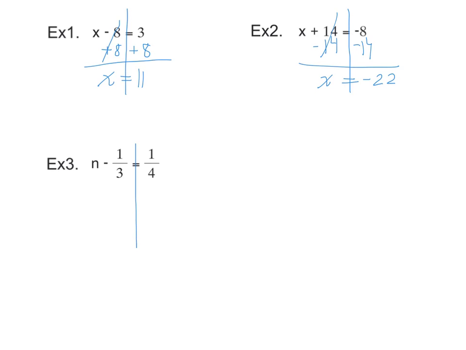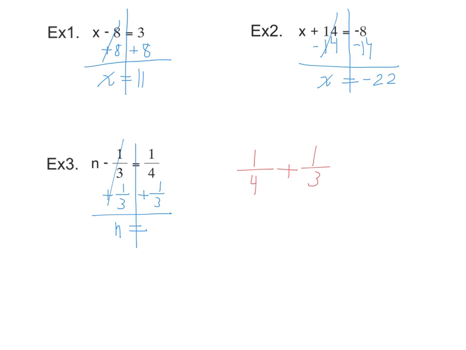They subtracted 1/3, so we're going to do the opposite and add 1/3. I'm going to go off to the side here and actually do the math. I need to do 1/4 plus 1/3. These need a common denominator.